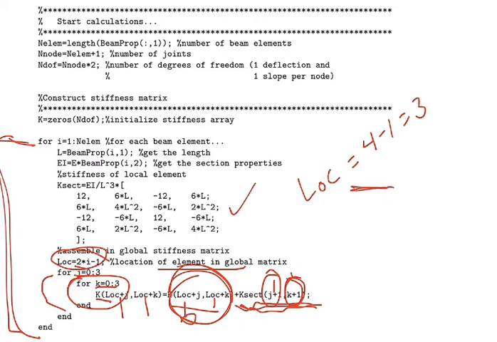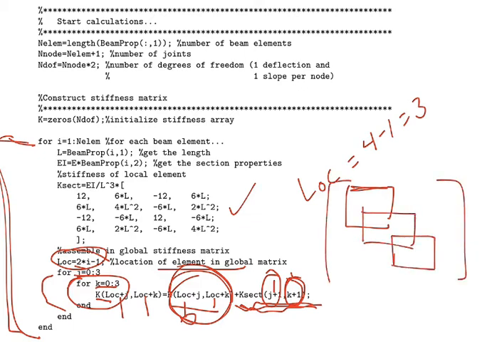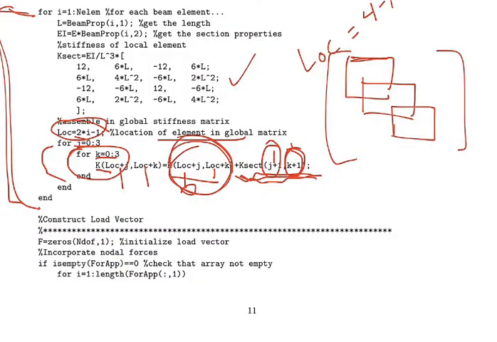So you have the smaller matrix here, and then you're shifting here, and then you're shifting here to formulate the bigger, the full stiffness matrix of the system. Next, we construct the load vector, and the load vector is zeros again, but only the first column of the zeros matrix, because zeros makes a matrix.